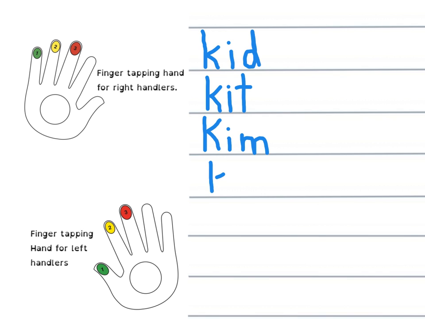Okay. K-I-N. Okay, hopefully yours looks similar to mine. Let's go ahead and read all the words starting at the top. Kid, kit, Kim, kin.